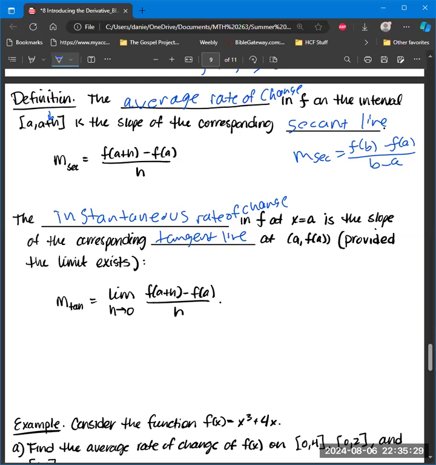So remember that when we're finding the slope of a tangent line, that requires the limit process here. So the slope of the tangent line is the derivative, because that's the definition of the derivative.